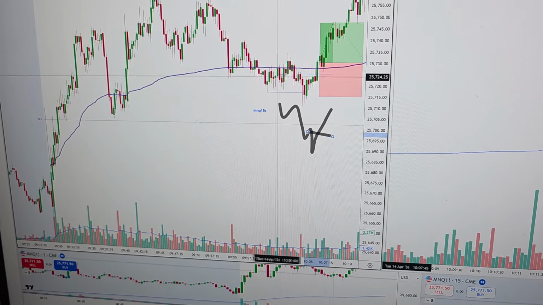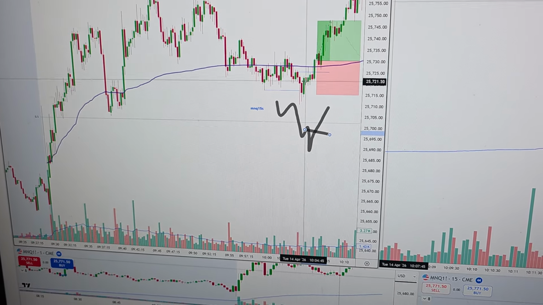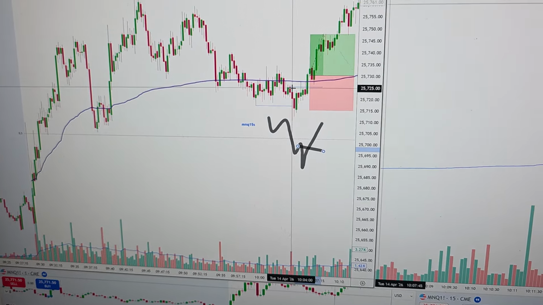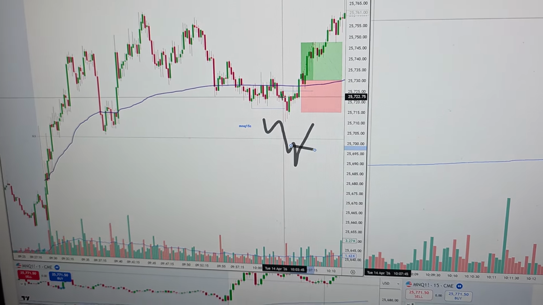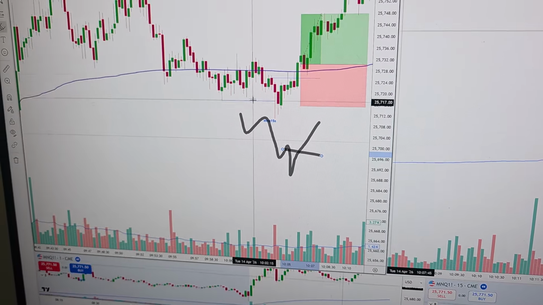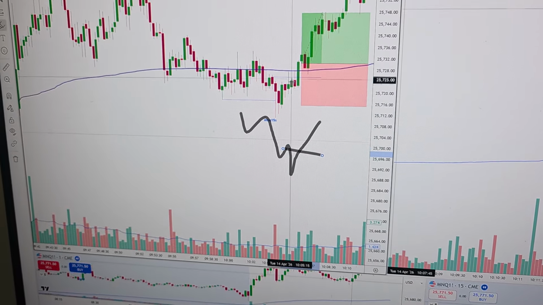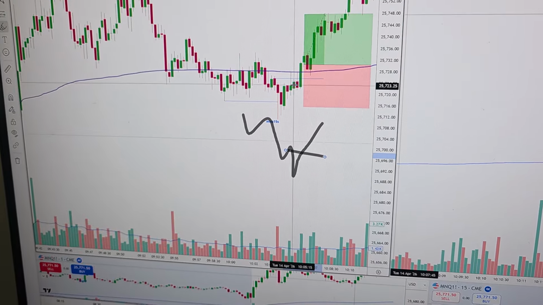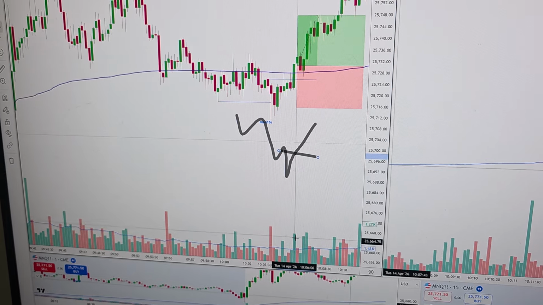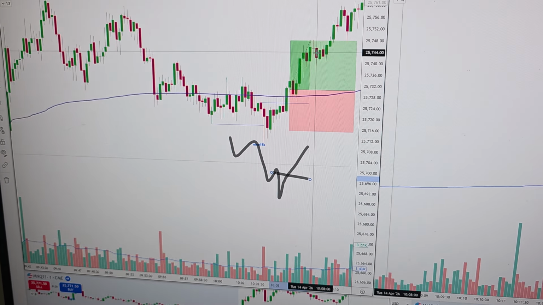But as is, we do push into this clear area and we sweep it, allowing us to draw a good CISD, because this is what theoretically a good CISD looks like, with a sweep, a push down, and then a rejection, and then we close above with this nice candle with some volume here, and then we go to target.